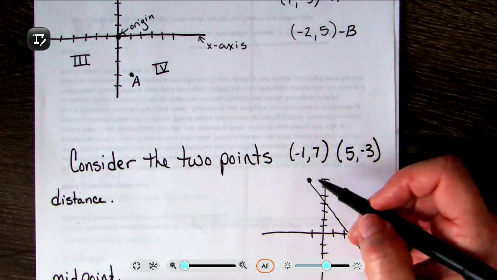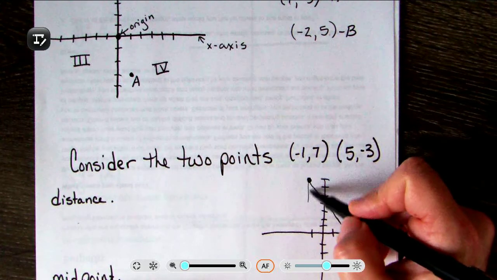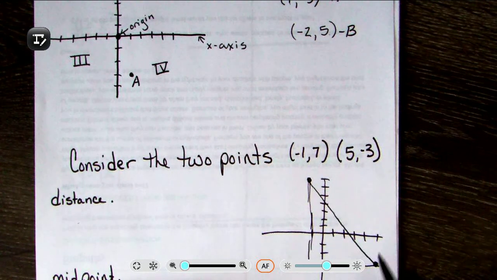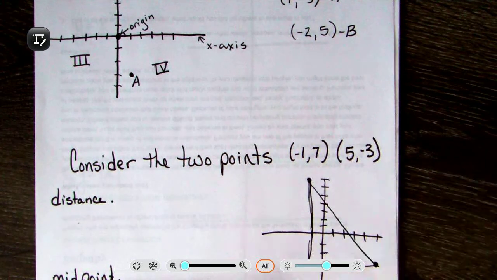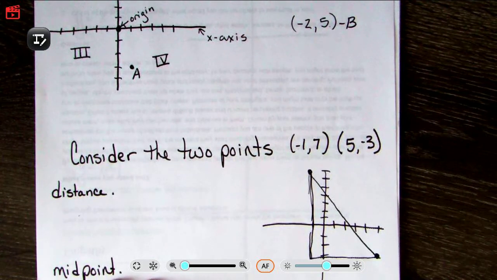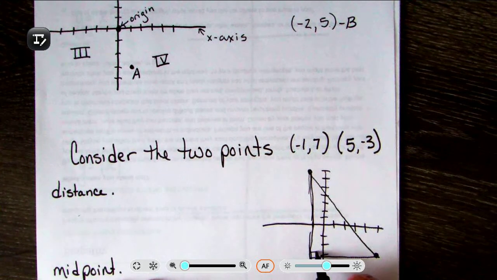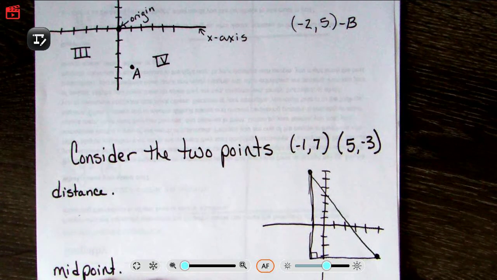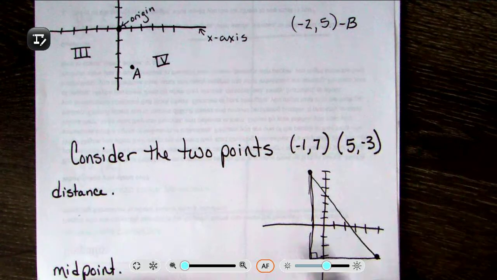To calculate where this formula comes from, imagine a right triangle here. And if you can remember, probably one of the most famous theorems that you have in your head, the Pythagorean Theorem, is that a squared plus b squared is c squared.